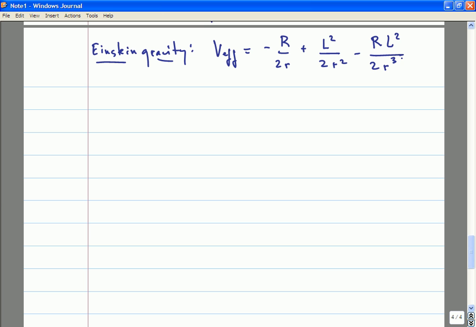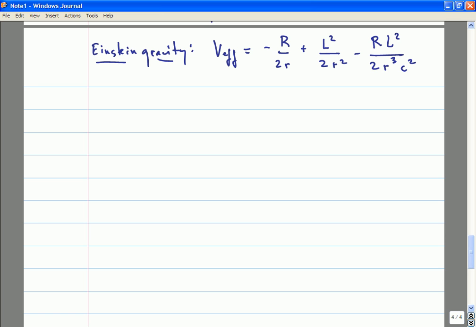In this class, we usually set c equal to 1, but just for the sake of instruction, let me show you where the powers of c belong. If we no longer use units where c equals 1, then there would be a power of 1 over c squared there. And so you can see explicitly that this is a relativistic effect.